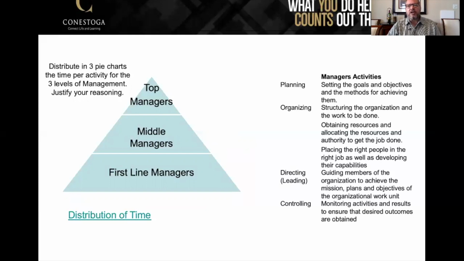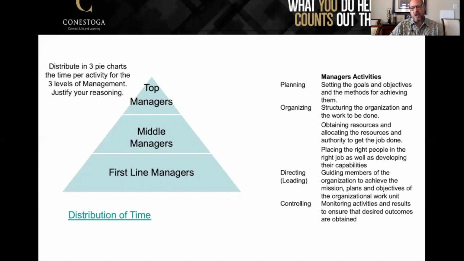Might be a little bit of organizing, but certainly lots and lots of planning. Middle managers do some of all of them. You're going to see more organizing and directing than at the top. And then the front line is far more about controlling, potentially directing, but more controlling activities. And that's how you see the distribution of the different roles.